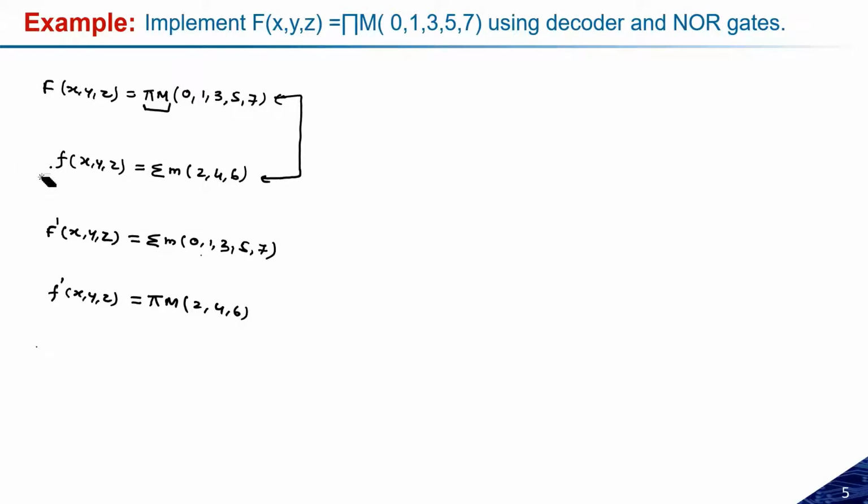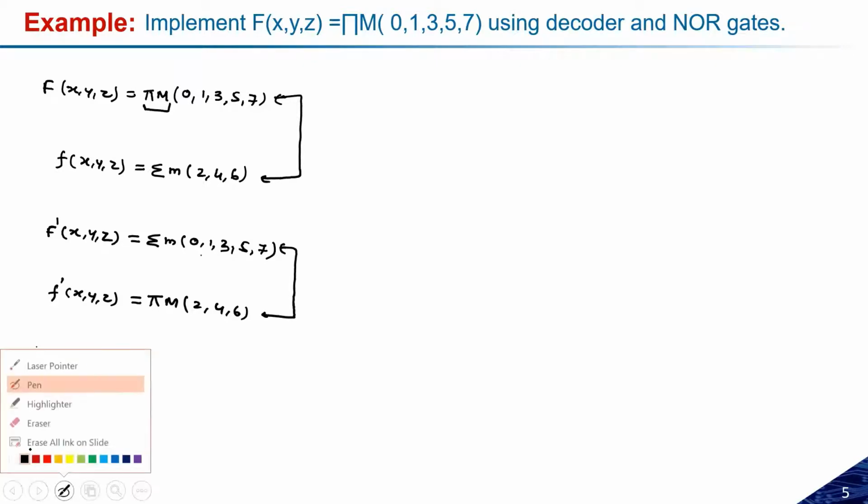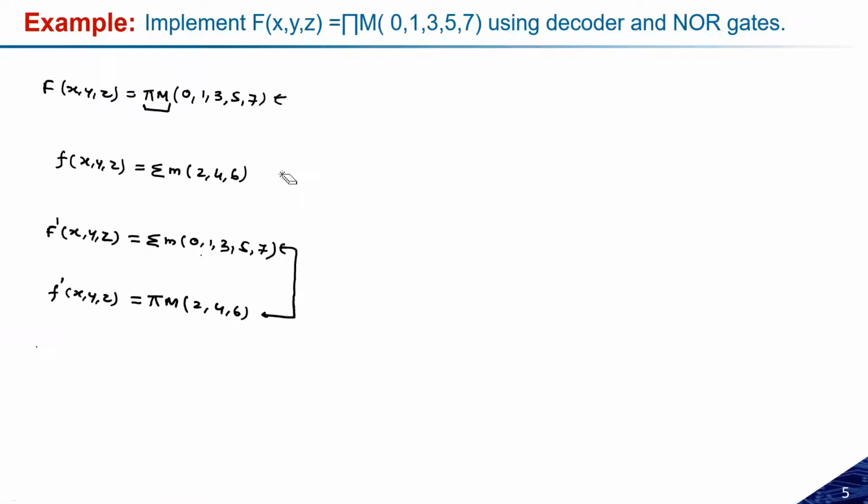So why am I doing it like this? These two are identical, and these two are also identical. Let me change the color so that it will help you. This one and this one are the same. These two are the same.